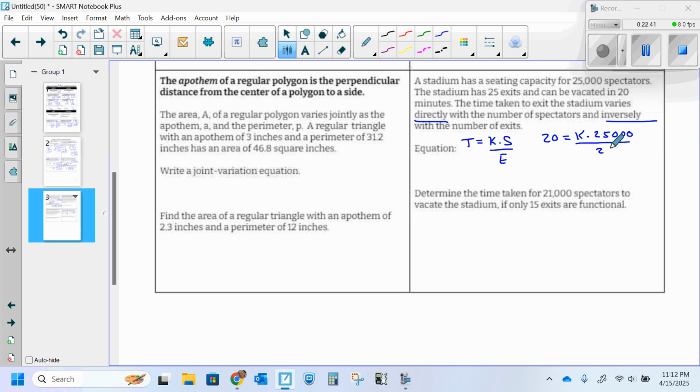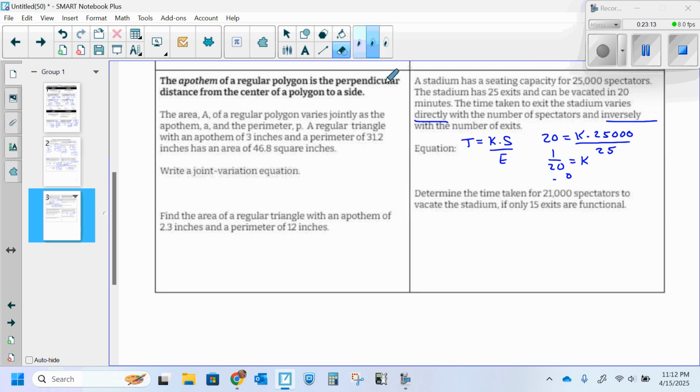And 25 exits. All right, so, is that 20? Yeah, 25,000. Multiply by 25 and then divide by 20. Anyway, you get 1 over 20, trust me. Let's do that as a decimal. No, that's not 1 over 20.